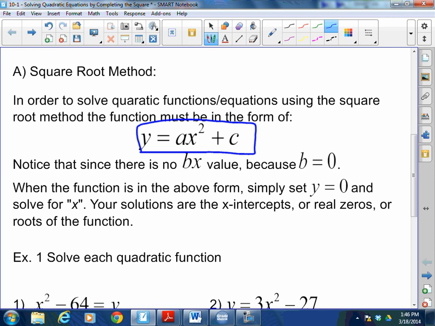So when you have a function where you just have a squared value and a constant, you can use the square root method, okay? When the function is in the above form, simply set y equal to 0. Again, why? Because we're solving for the x-intercept.